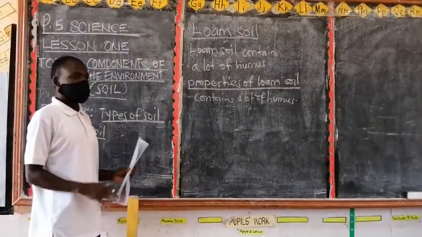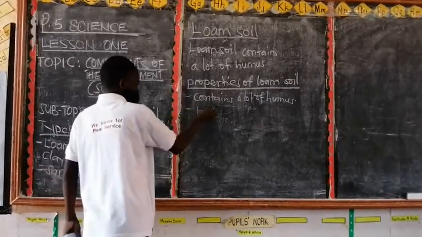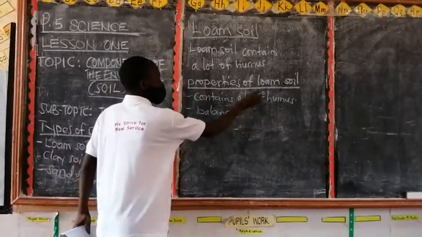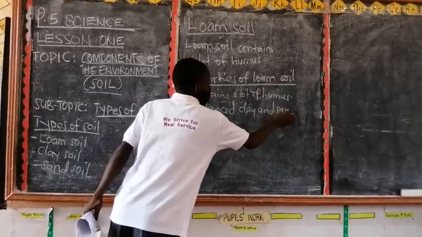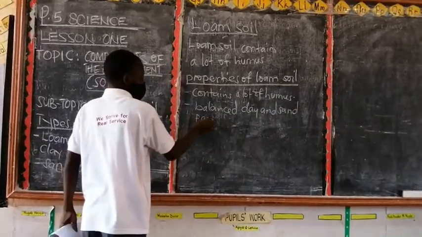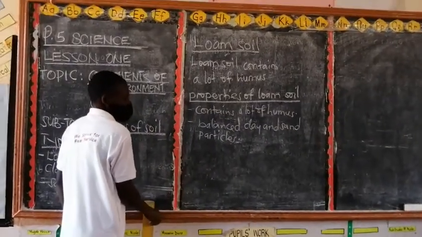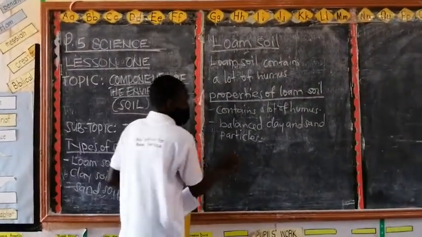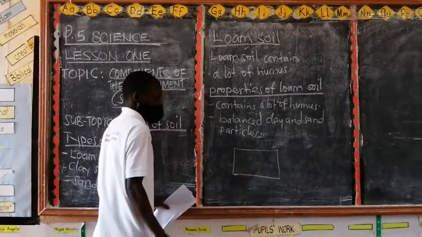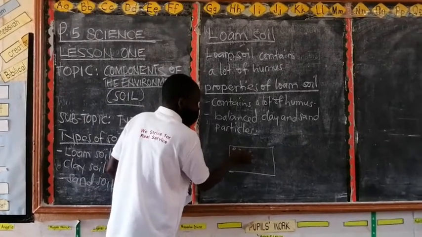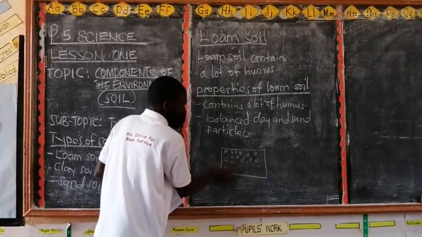Then we look at its particles. When you touch loam soil, you find that it has balanced clay and sandy particles. You find the particles are not too close and are not too far apart.